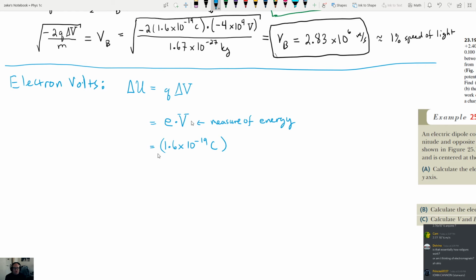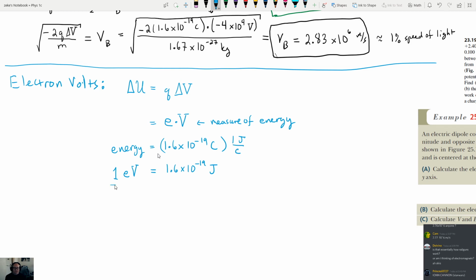And you multiply that by what a volt is, which is 1 joule divided by coulomb. And that gives you a unit of energy. So I said delta U up here, but we'll just say energy. And that type of energy is 1 electron volt, and it happens to be equal to 1.6 times 10 to the negative 19 joules.